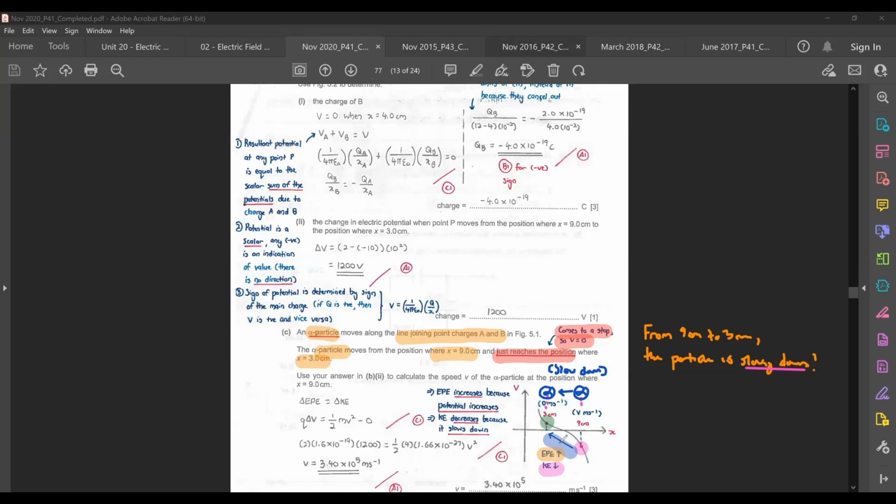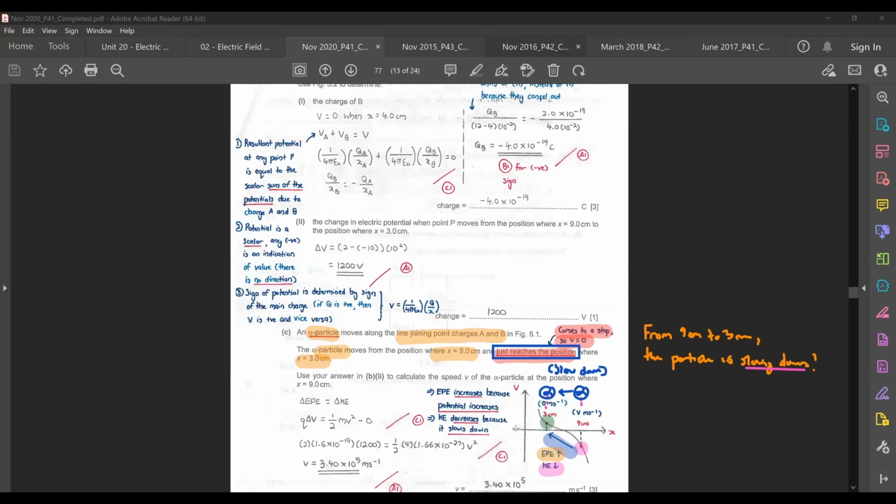So if you are slowing down, it will make sense that you could have a case where you just slow down to a stop somewhere. So the question here has actually made mention to you specifically that when you reach 3 centimeter, your v is 0. So that's just one thing to note here.